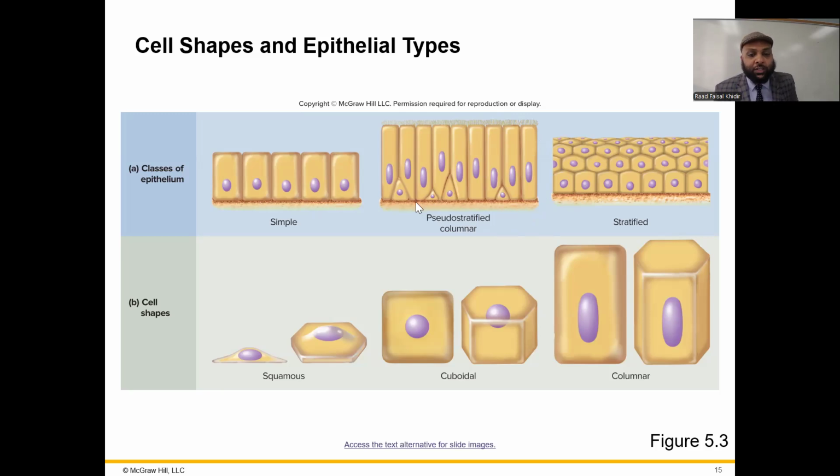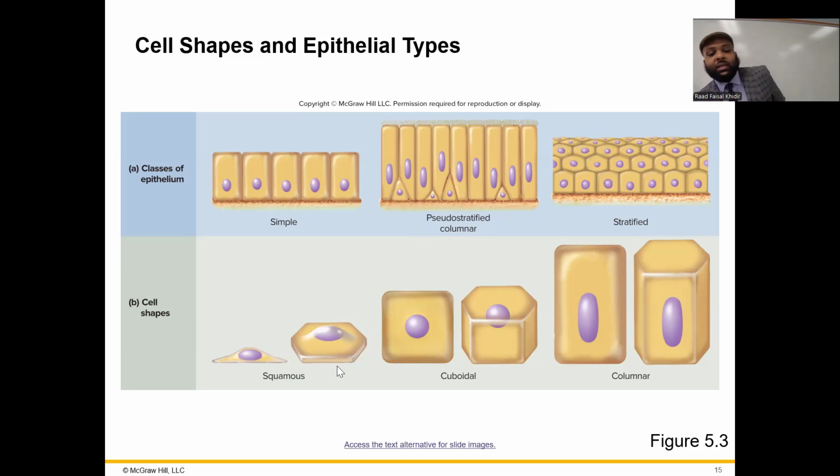Some cells touch only the basement membrane, and others touch the basement membrane and another cell. In stratified epithelium, cells touch each other and not the basement membrane, but in pseudostratified you can have one cell doing both: touching the basement membrane and touching the other cell.